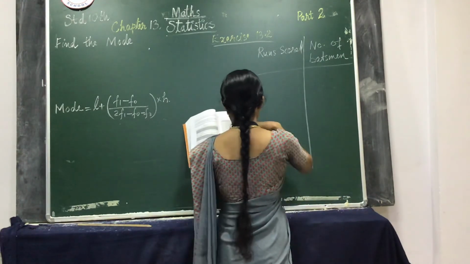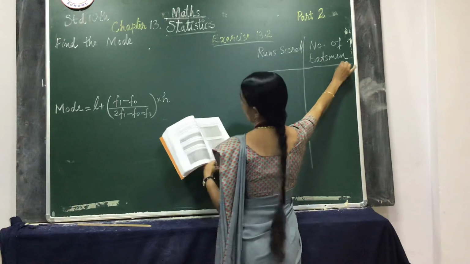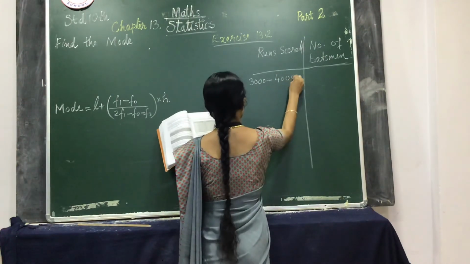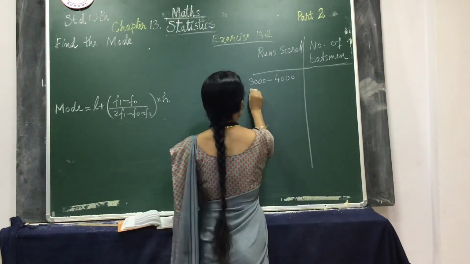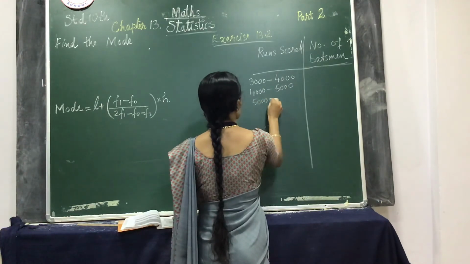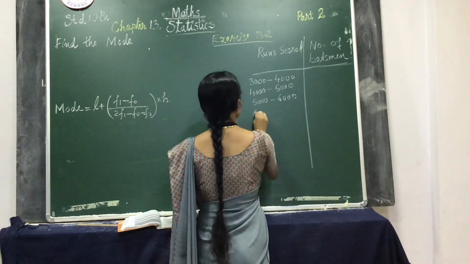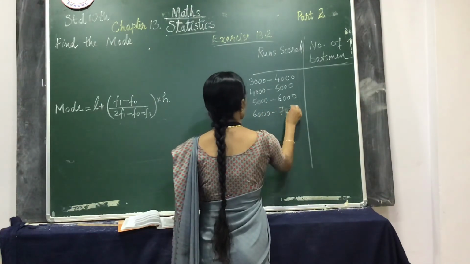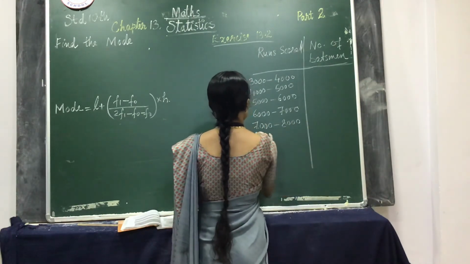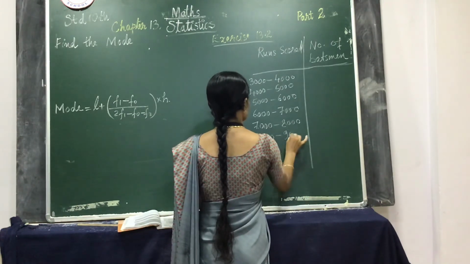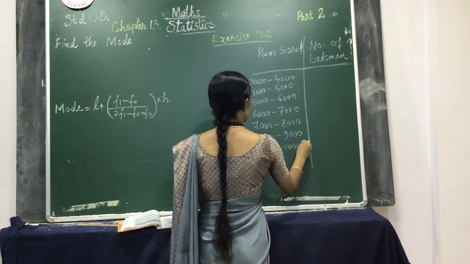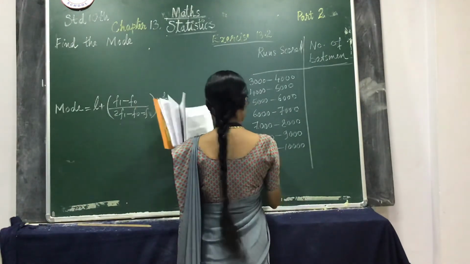The runs scored are 3000 to 4000, 4000 to 5000, 5000 to 6000, 6000 to 7000, 7000 to 8000, 8000 to 9000, 9000 to 10,000, and 10,000 to 11,000.